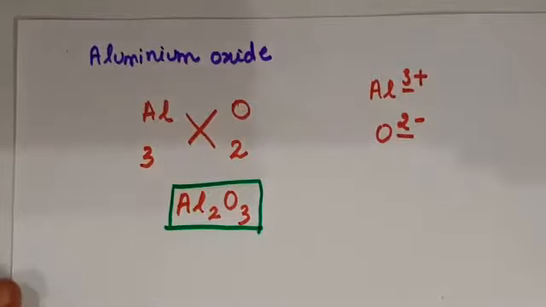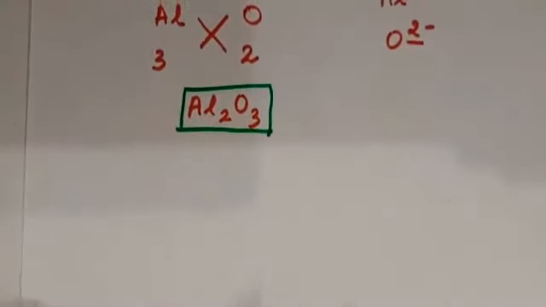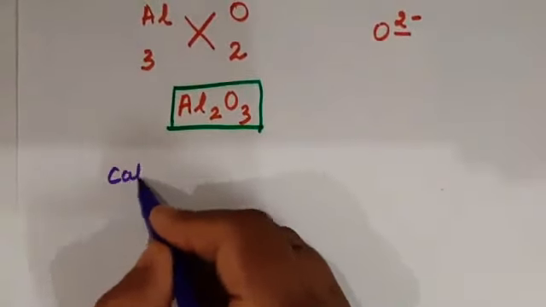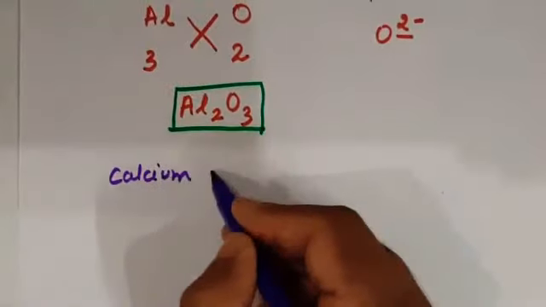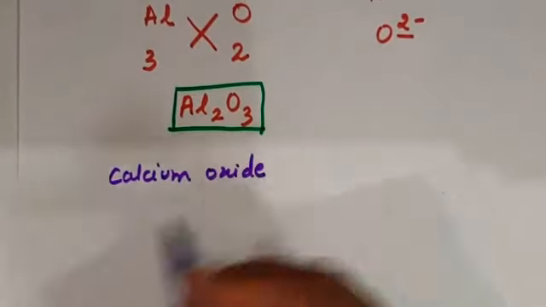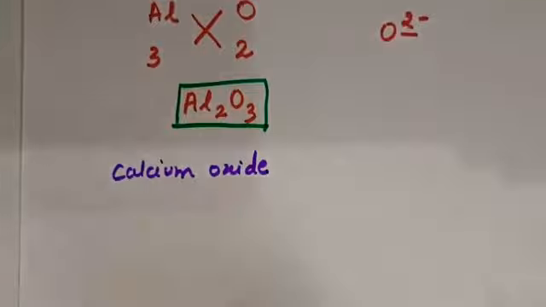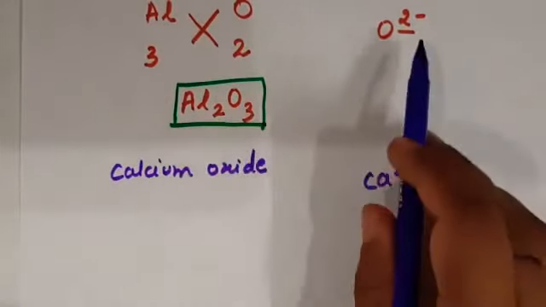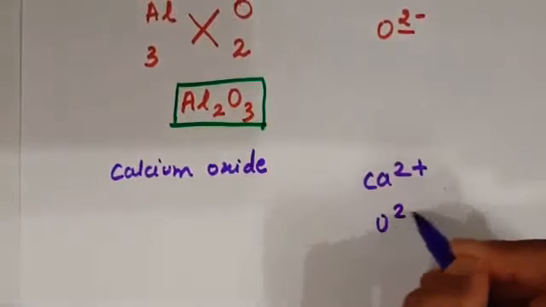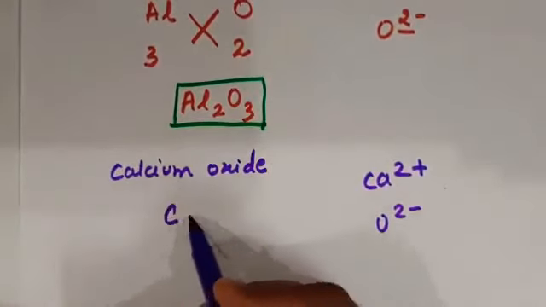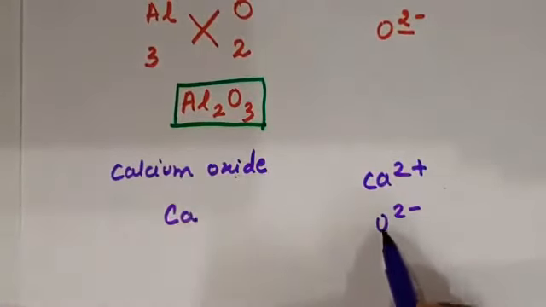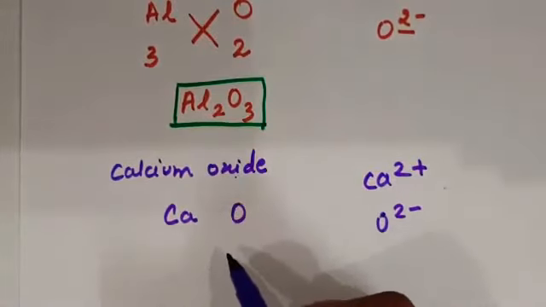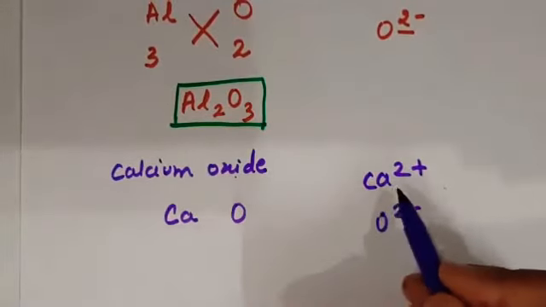Okay, I am taking one more example. Similarly, if I take calcium oxide. Calcium is Ca2 positive and oxide same, O2 negative. So calcium Ca, oxide O. Now coming to valency.